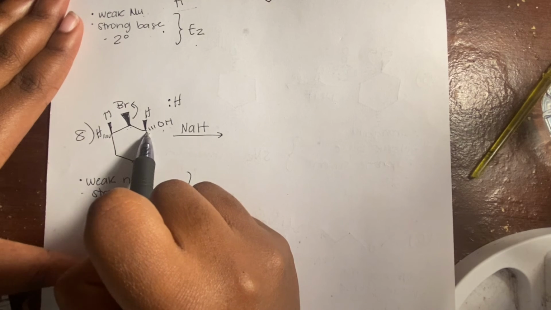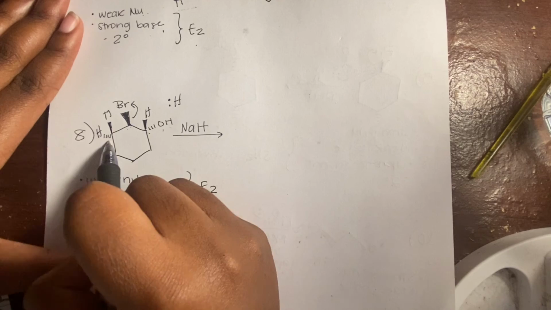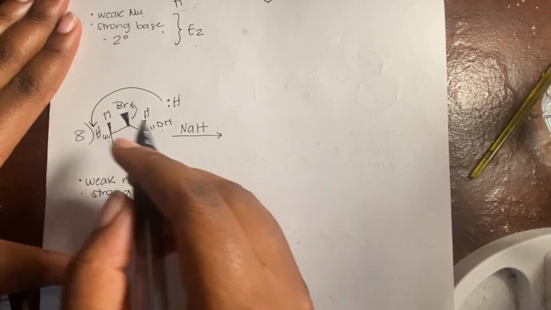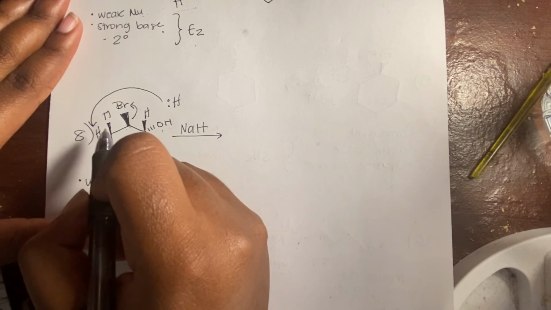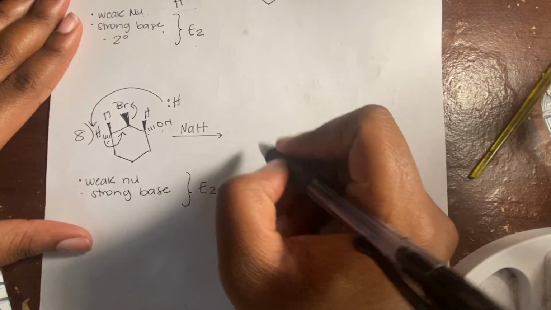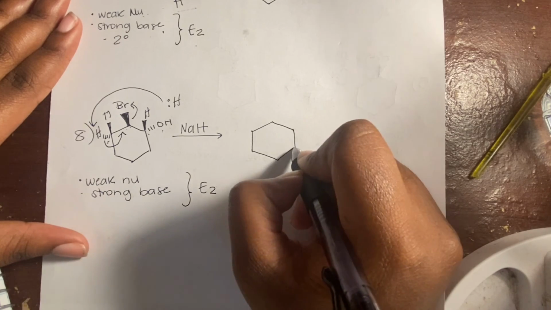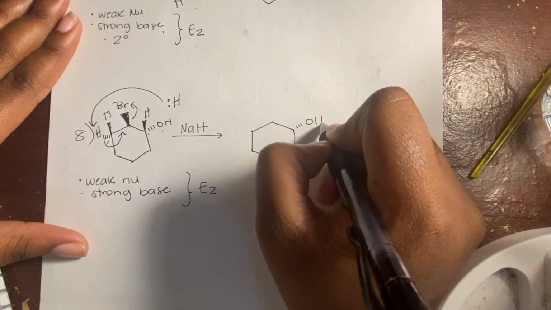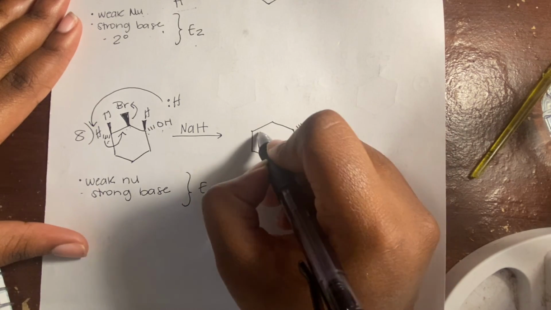Now on this carbon, even though there's this OH here, there's no hydrogen on a hatch. So we're forced to take this hydrogen over here that's on a hatch. So our base is going to attack the hydrogen, and then the electrons that were attaching the hydrogen to the molecule are going to contribute to a double bond on this side, and our OH is the same, which would give us a product that looks like this.